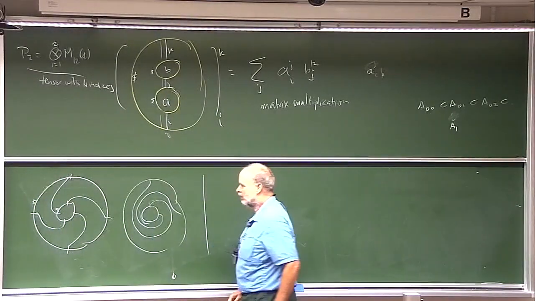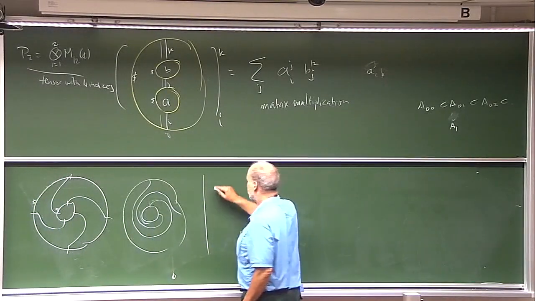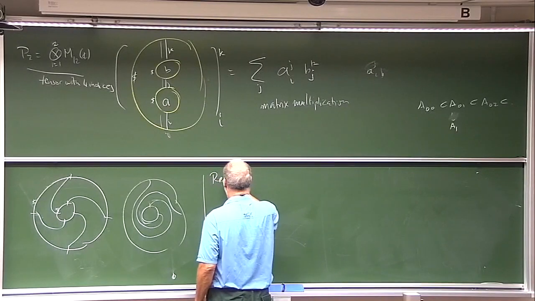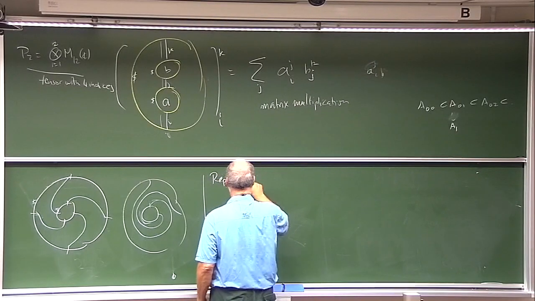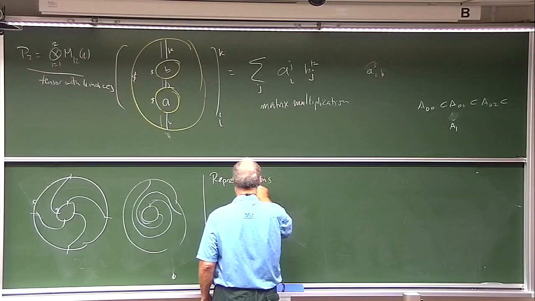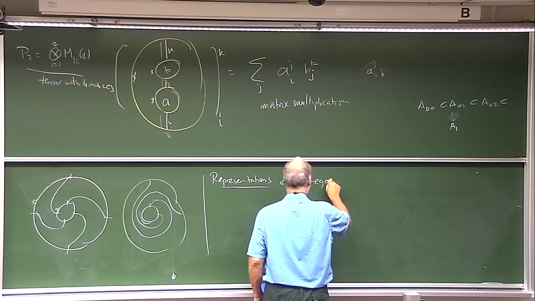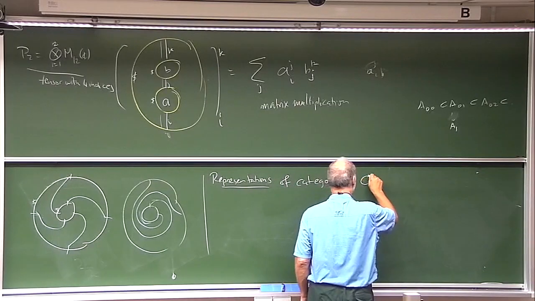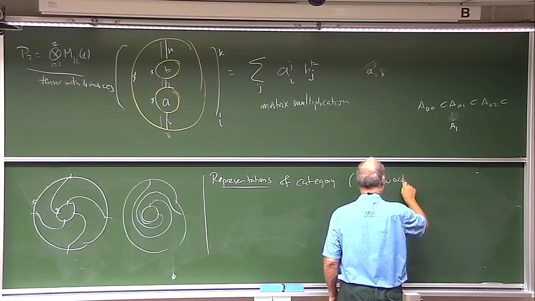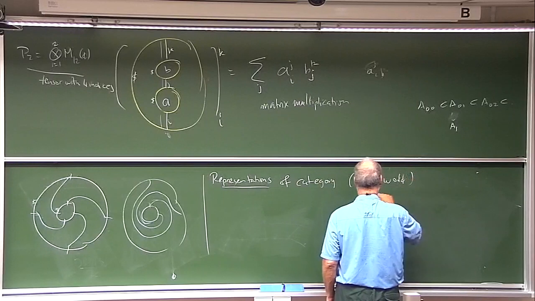All right, so now I just want to tell you about the representations of this category. And I'm going to say C-star world, or I should say von Neumann world, I guess.